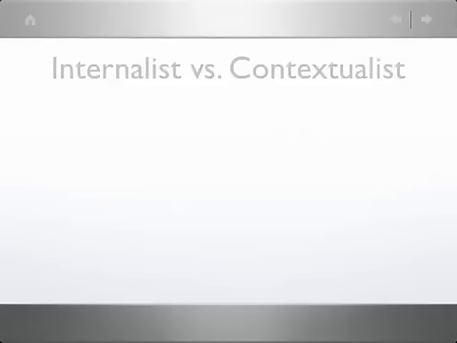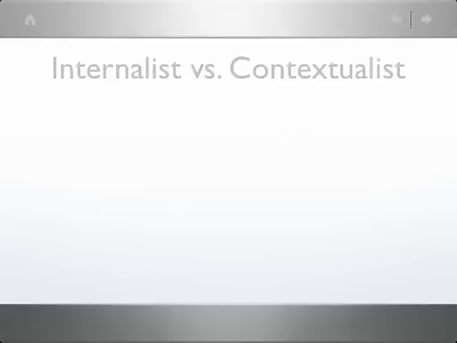Contextualism makes a big return this week in the chapter, and Nye talks about it this time in connection with the idea of internalist history, or an internalist approach to the history of technology.